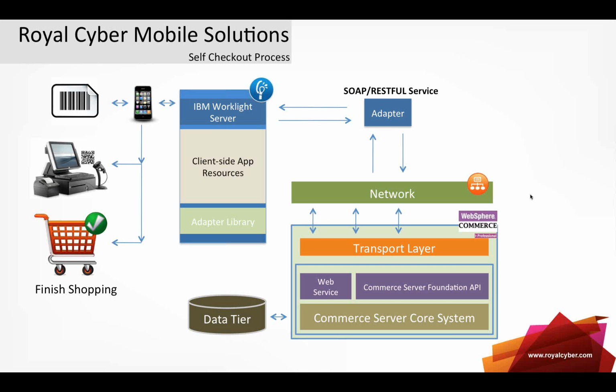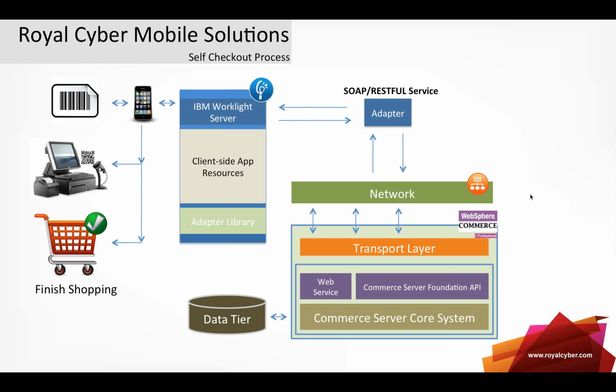In the front end, we have IBM Worklight as our mobile strategy. We are creating custom adapters. Adapters are transport layers that connect to the back end and get real data to your mobile device. You can think of it as a transport layer that transfers content from the back end to your mobile device.